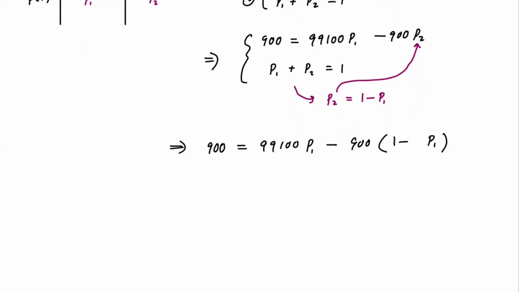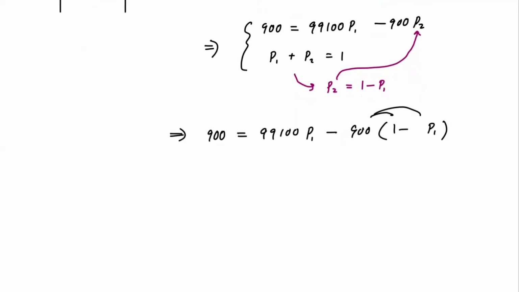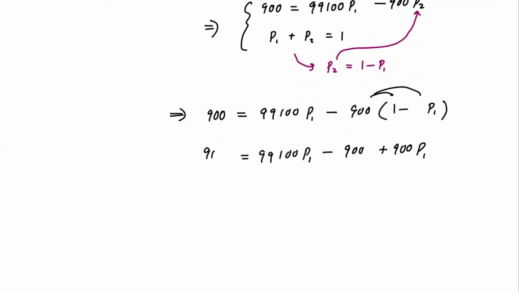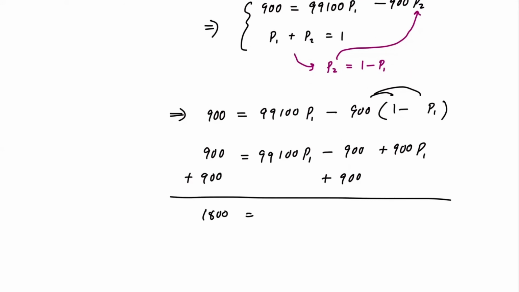Okay, now let's distribute this out. We're going to get 99,100 P1 minus 900 plus 900 P1. Here we can move things around, so we have this equal to 900. Now we can add 900 to both sides. That gives us 1,800 on the left side, and on the right side we have 99,100 P1 plus 900 P1.